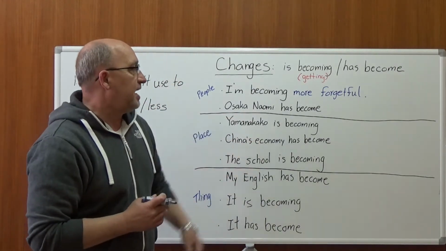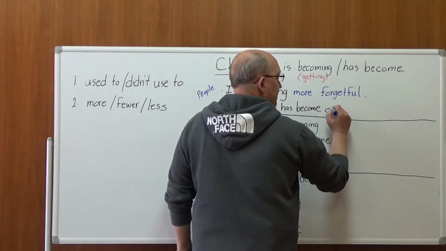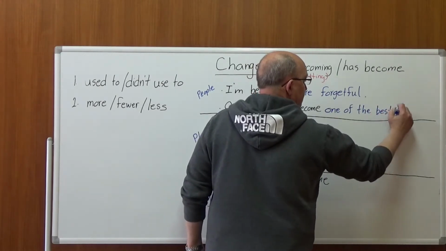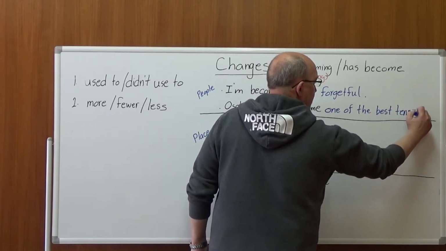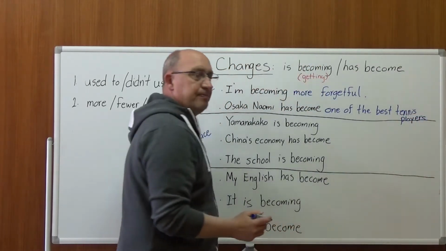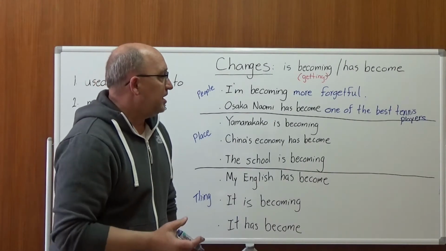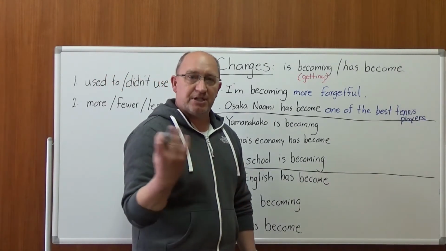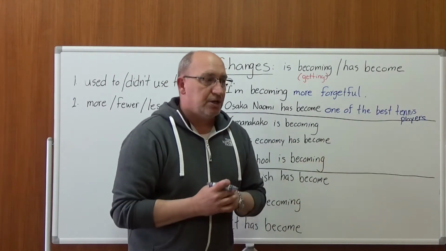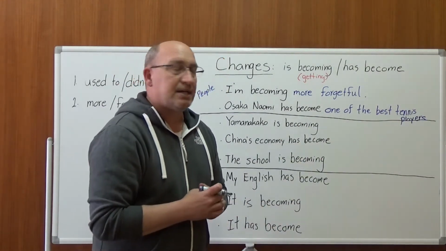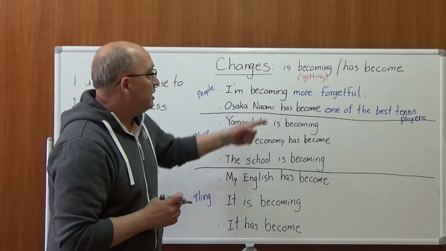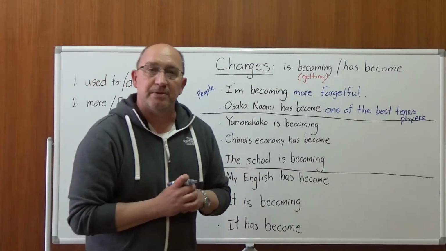Maybe Osaka Naomi has become one of the best tennis players in the world. Well, she has recently just won the Australian Open, so she has become one of the best. So these are changes with, of course, maybe people.